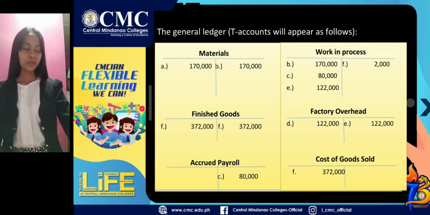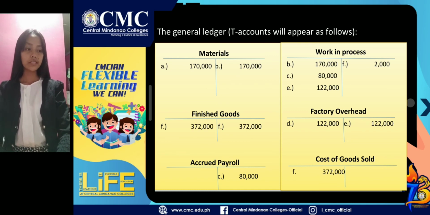And then, next is the factory overhead with debited 122,000 in a transaction D and we credited 122,000 sa transaction E. And then sa accrued payroll, we only have 80,000 sa ating credit side kasi ito yung mga sahod or mga salaries or mga bonuses ng mga employees na hindi pa nababayaran ng trams.